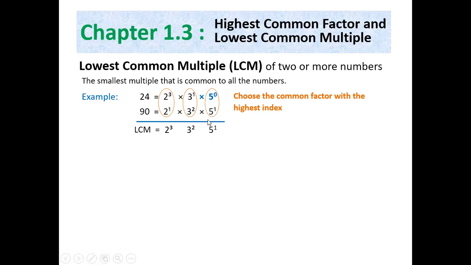That's the LCM. It's unique. If it's lowest common multiple, you have to find the highest power. If you want to find the highest common factor, HCF, the previous one we learned, you pick the lowest power. So for lowest common multiple, the highest index; for highest common factor, the lowest index.